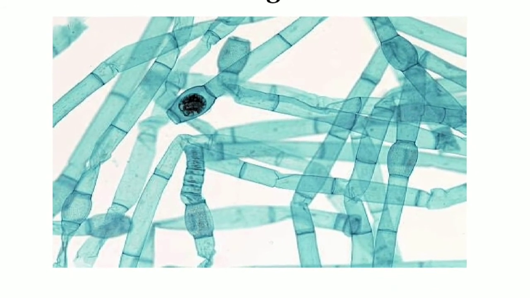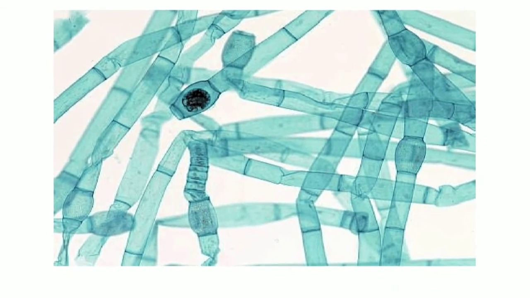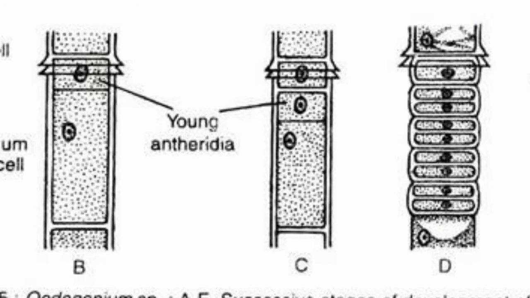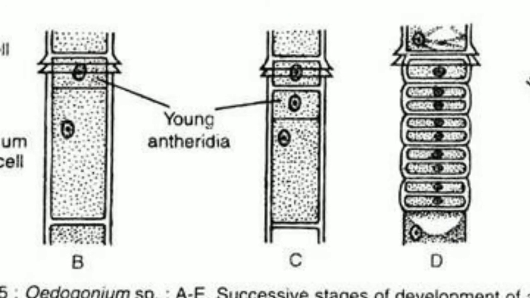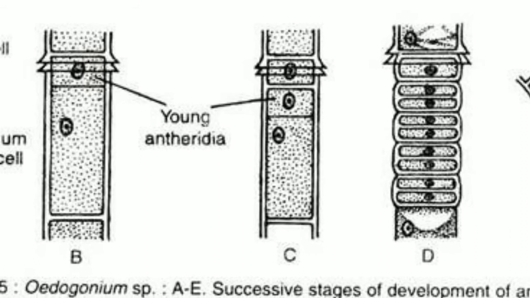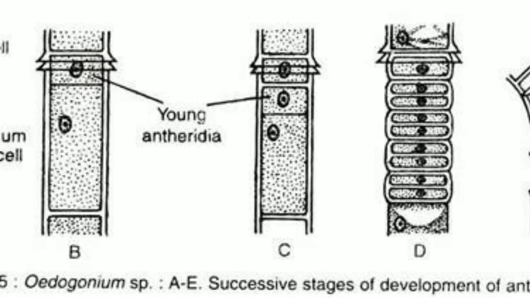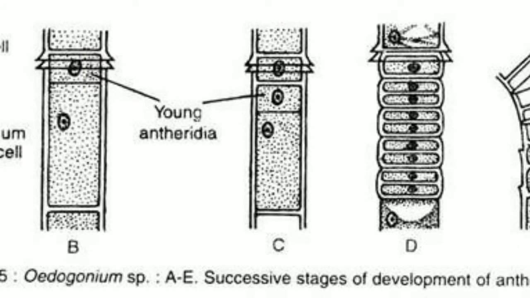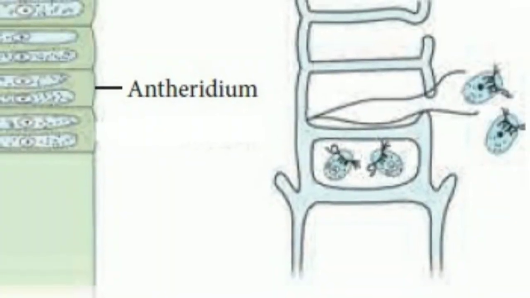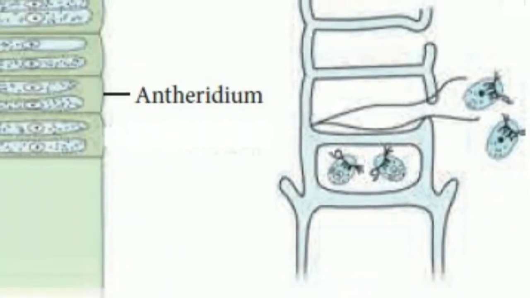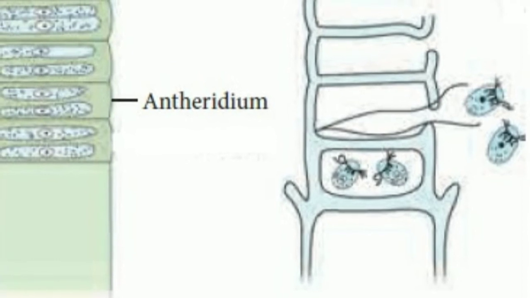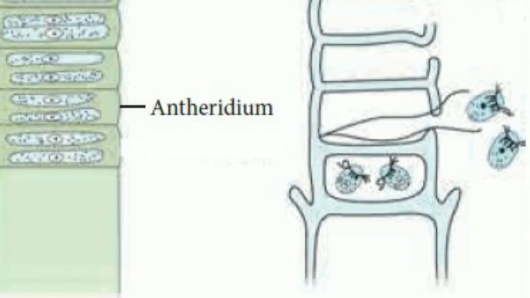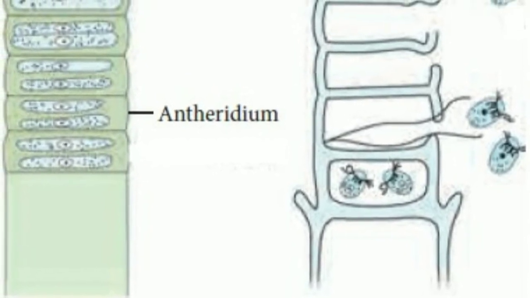Now we are talking about the oogonium. The development of the oogonium is similar in macrandrous and nannandrous species. A vegetative cell with an apical cap may function as an oogonial mother cell, and divides transversely into an upper oogonium and a lower suffultory or supporting cell.